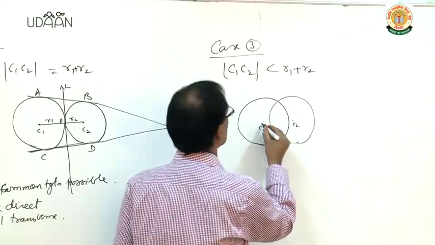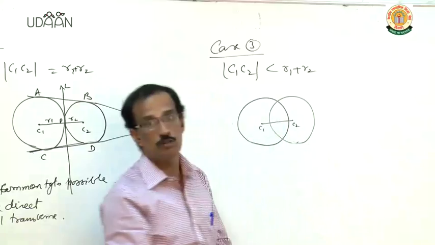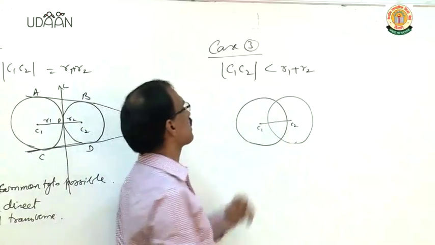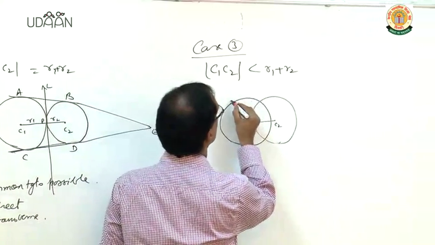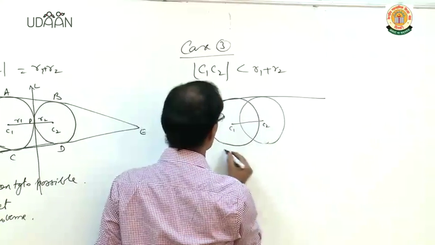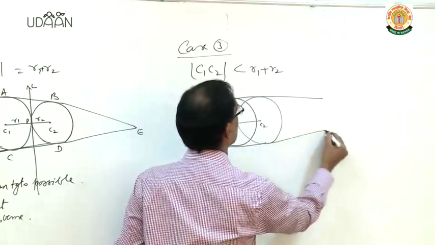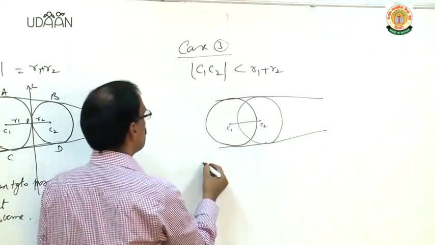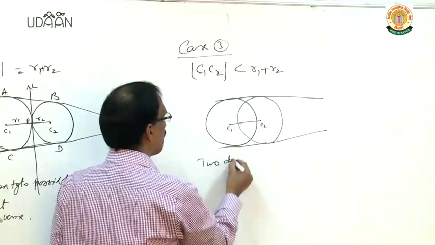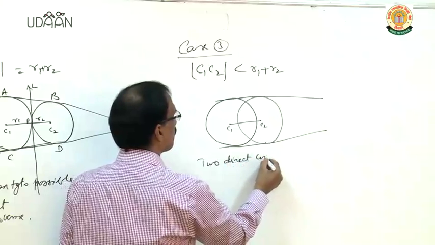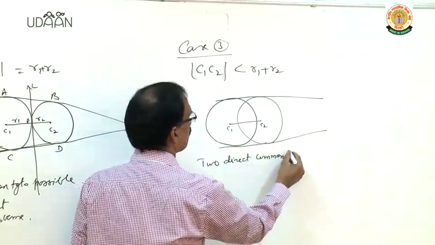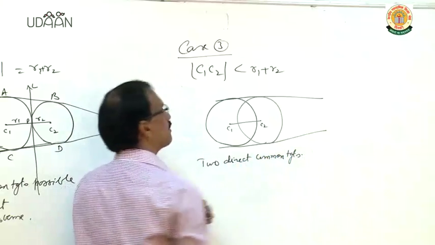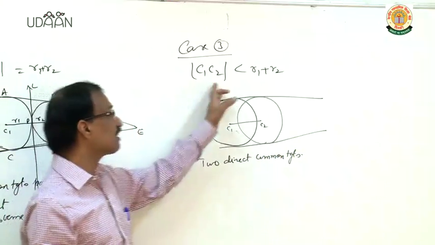So this distance C1C2 will be such that the circles intersect. In this case, there are 2 common tangents, that is, 2 direct common tangents we get in this case.